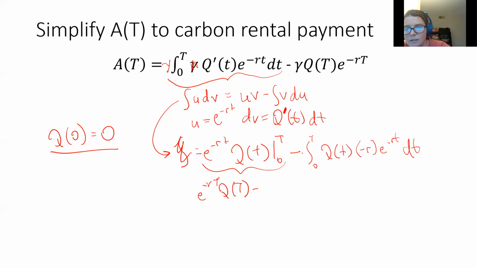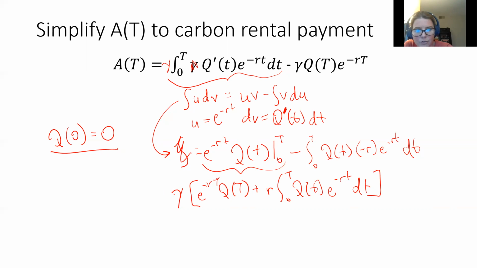So we can just worry about this piece now. We have a minus r in here that we can take out front, so this is going to become a plus. We can put in r times the integral from 0 to cap T of q t e to the negative rt dt. And remember we had a gamma in front of this thing up here. So that's our first term. So we can rewrite everything down here.